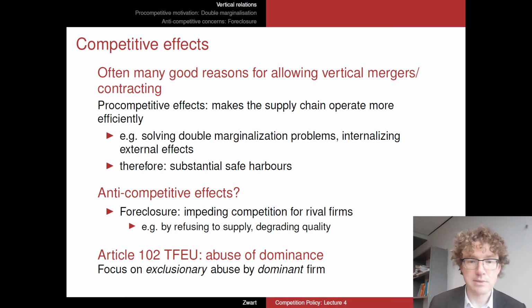Particularly what we will focus on in this lecture, and in the next few lectures actually, is exclusionary abuse. So you remember the different kinds of abuse. Exclusionary abuse was one of those, and we also had, for instance, abuse by high pricing. But here we'll be looking at this exclusionary type.